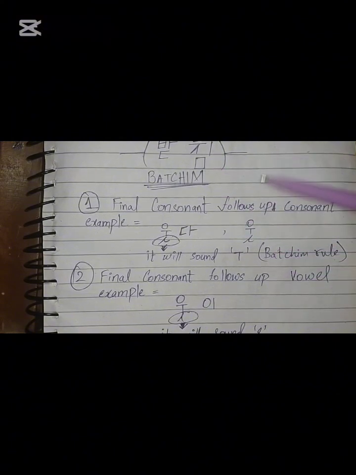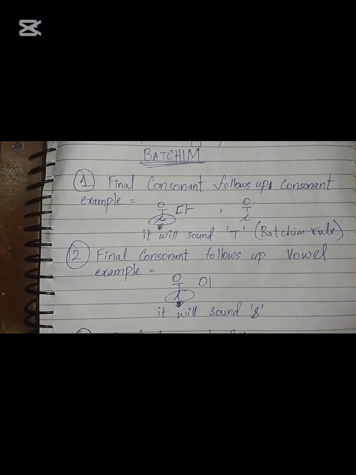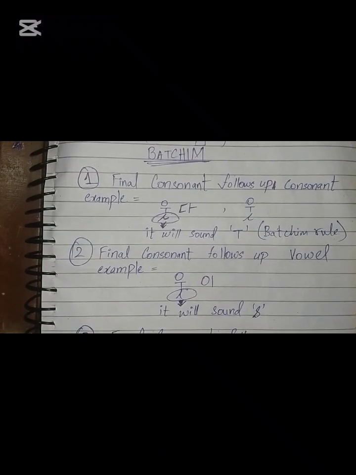Those 7 sounds I told you in my previous video. These are the main rules of Batchim, which are very important. If you have to read Korean, you should know them, because if you don't, you will mess up and you won't know how the words are pronounced.